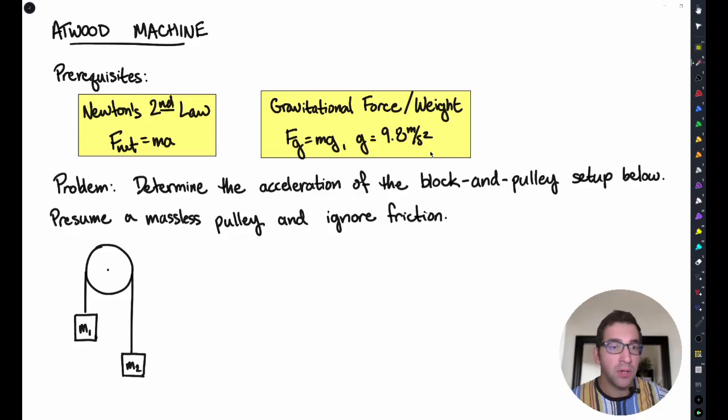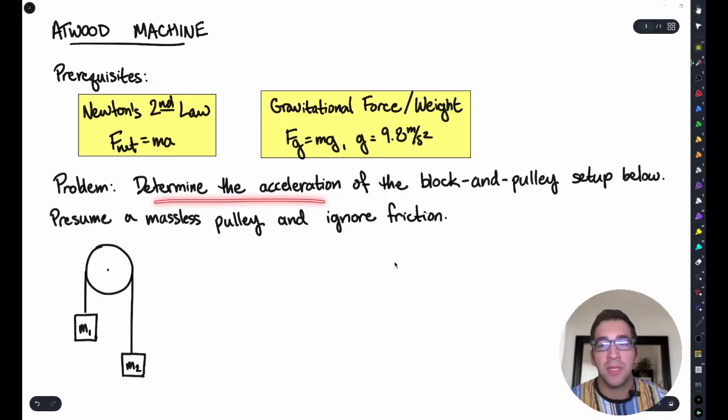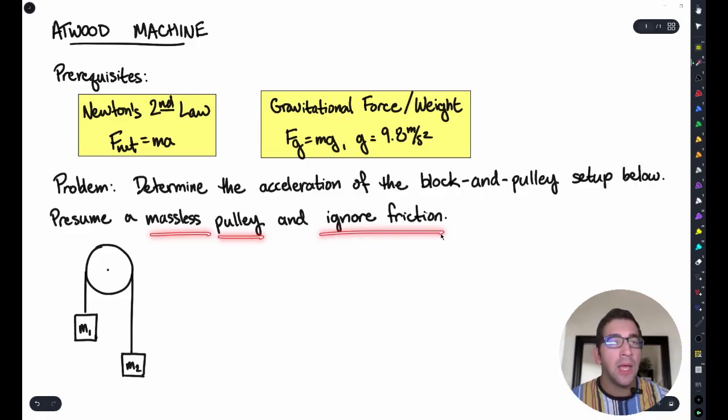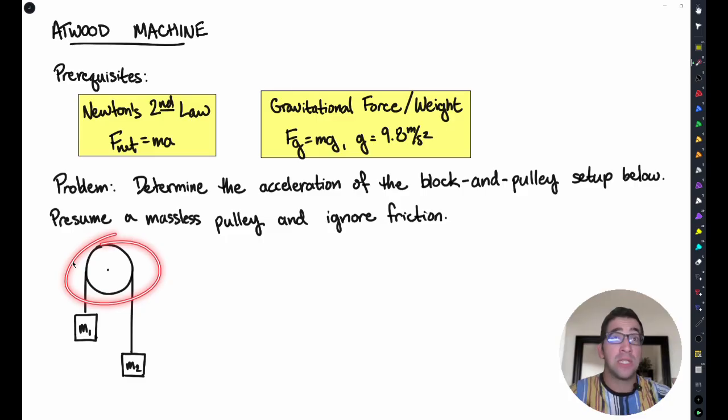In our case here, the problem is to determine the acceleration of the block and pulley setup below, presume a massless pulley, and ignore friction. A massless pulley in this case just means that the pulley, the thing that rotates, has no effect on the forces that are going through the strings.